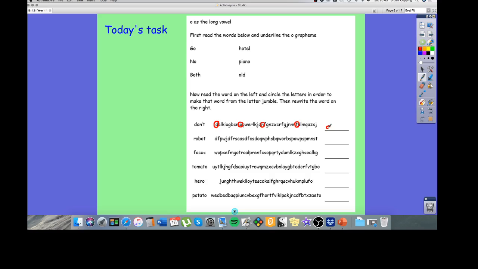And then we rewrite it over here. D, O, N, T. We don't need to worry about this at the moment. That's called an apostrophe. That means there's a letter missing in there. Then I want you to do the same with this one. So it's R, O, B, O, T, robot. And I want you to find the letters for robot in here and then write it on the line. And then have a go at the next 4 all by yourself. No sentences today. Just try and find these words and read them.